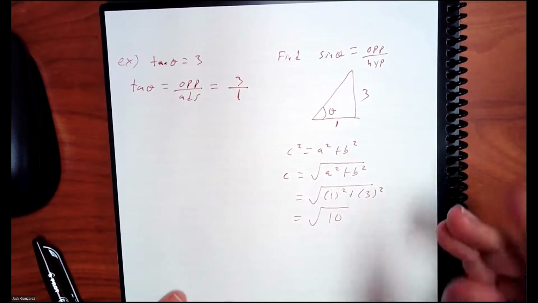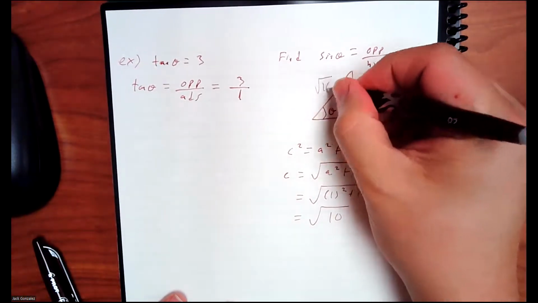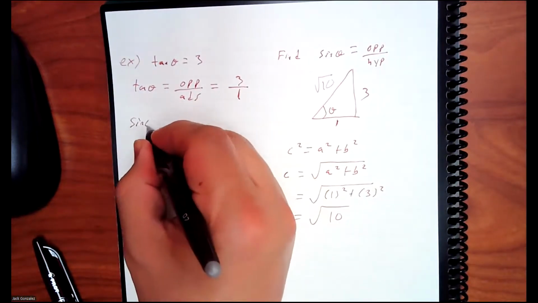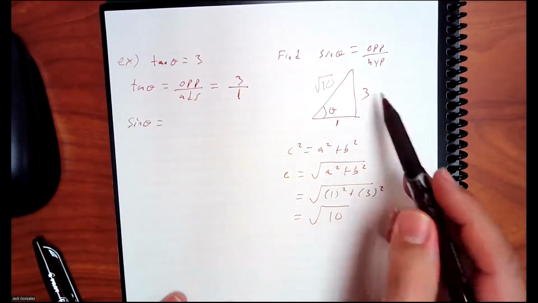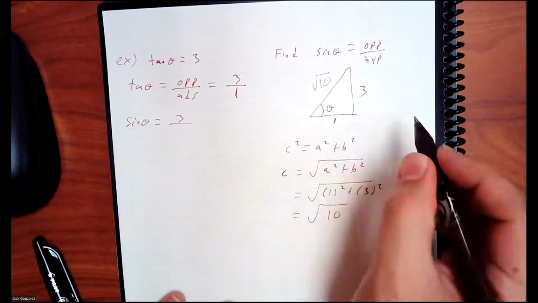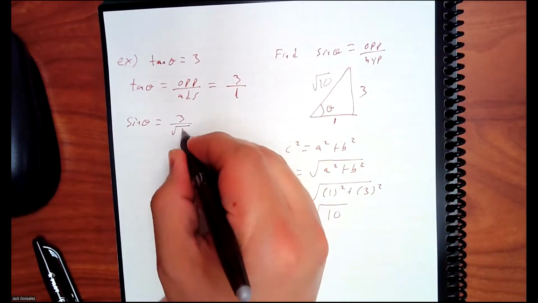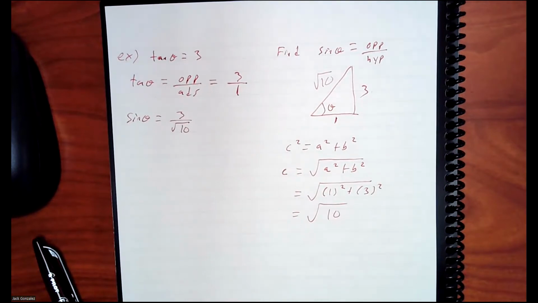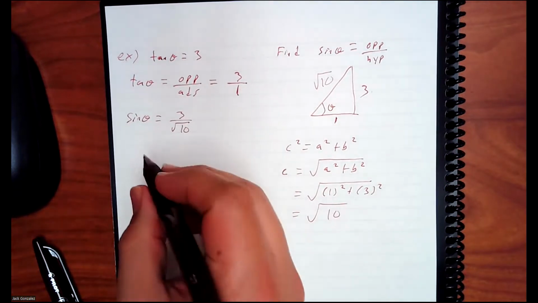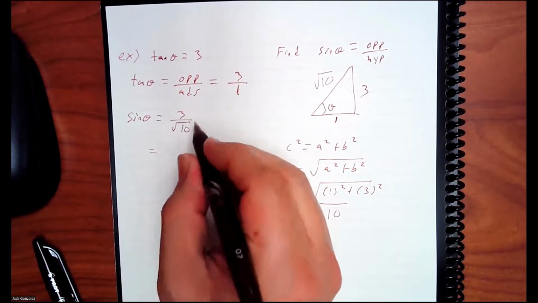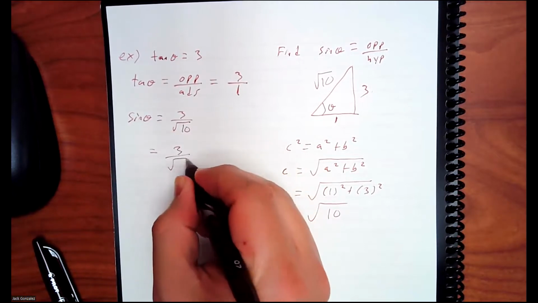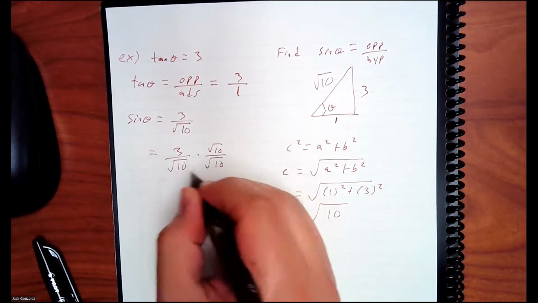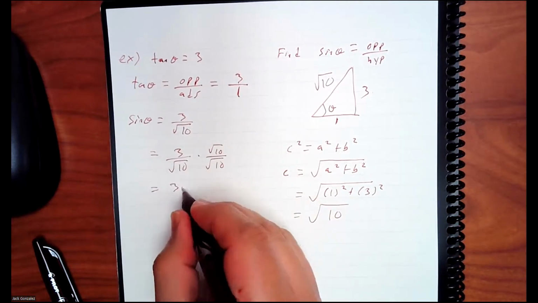So that's the hypotenuse. Now you can answer the question: opposite over hypotenuse. For me, that would be enough. But you can simplify further by multiplying the top and bottom by root 10. So these become a regular 10.